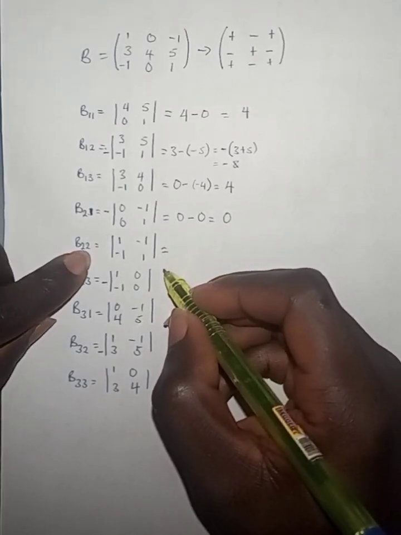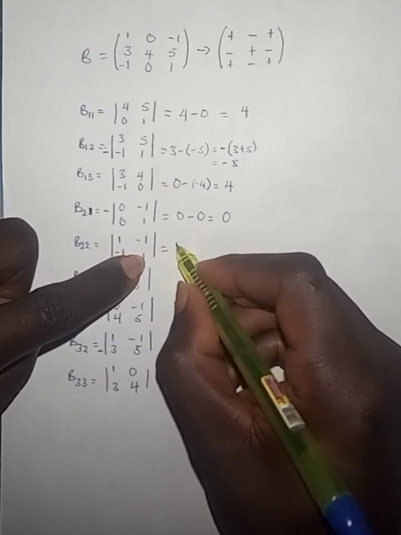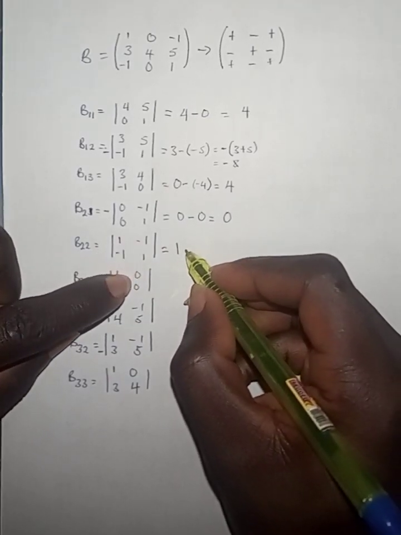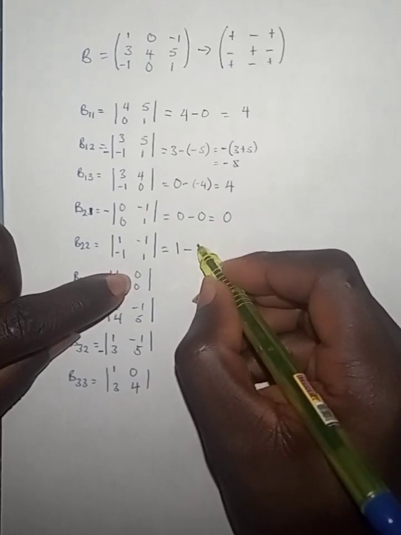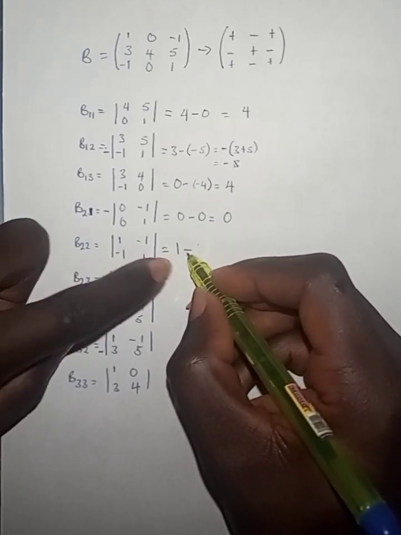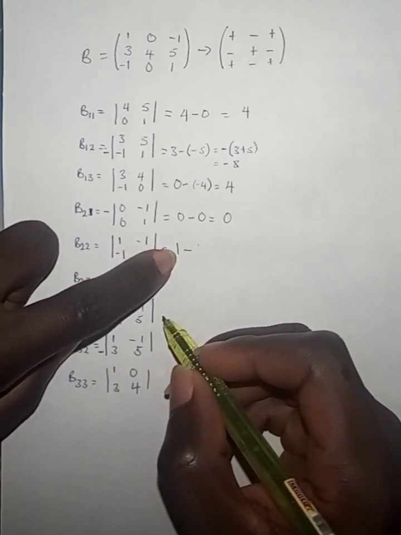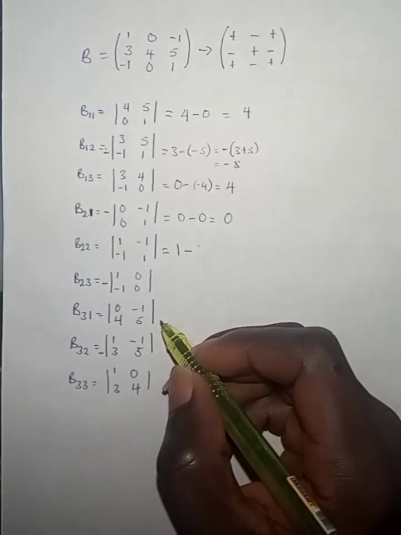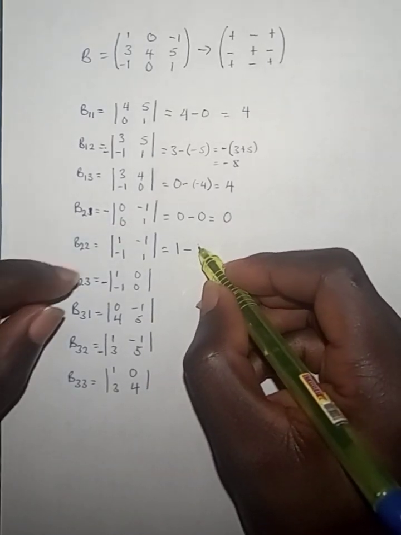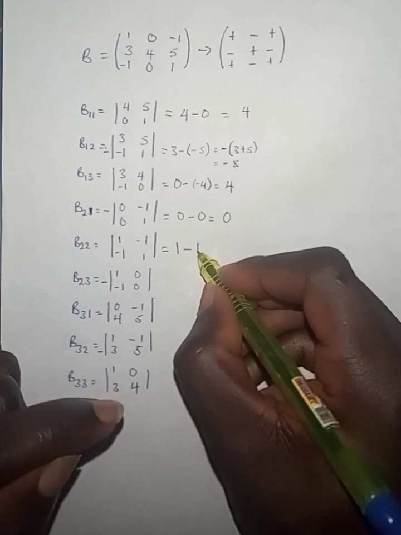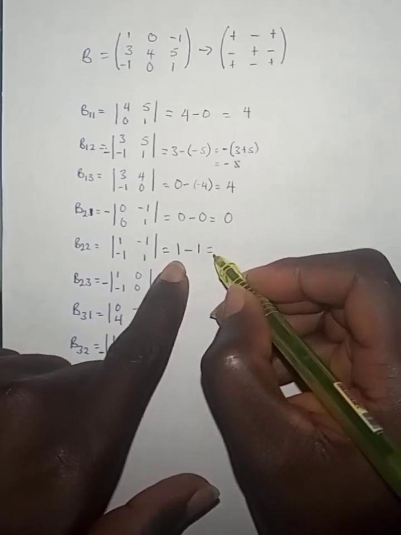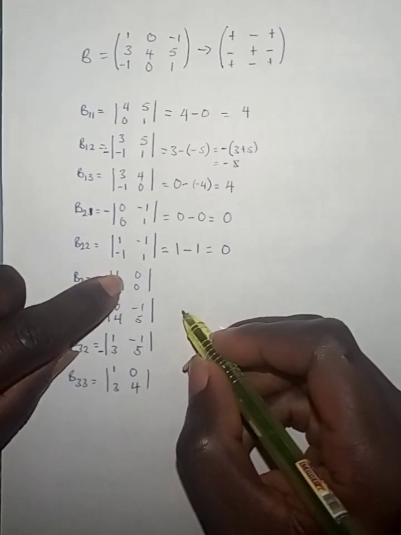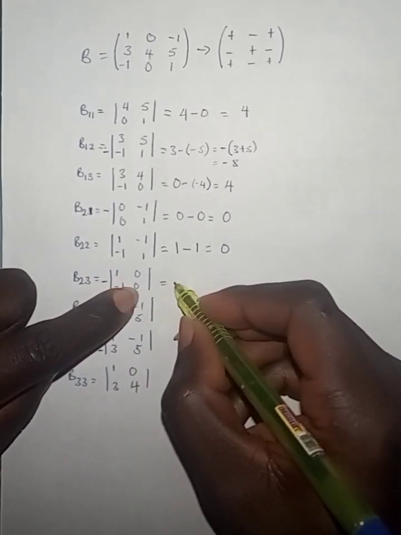For B22, 1 times 1 is 1, minus times minus is plus. 1 minus 1 is 0. 1 times 0 is 0.